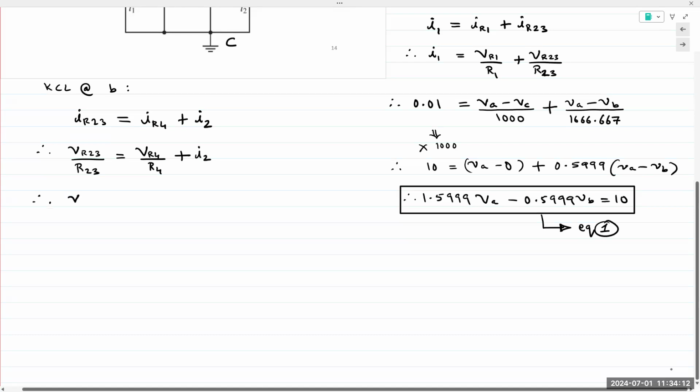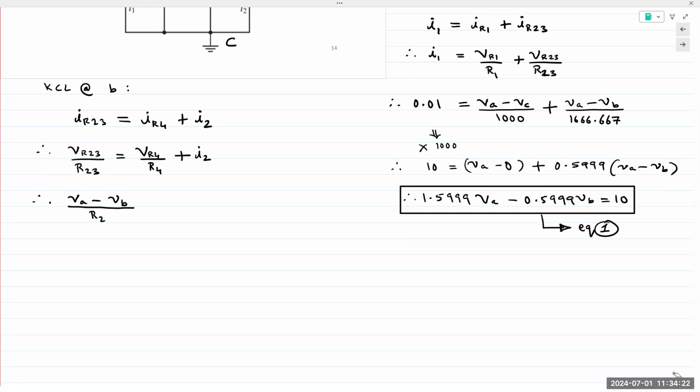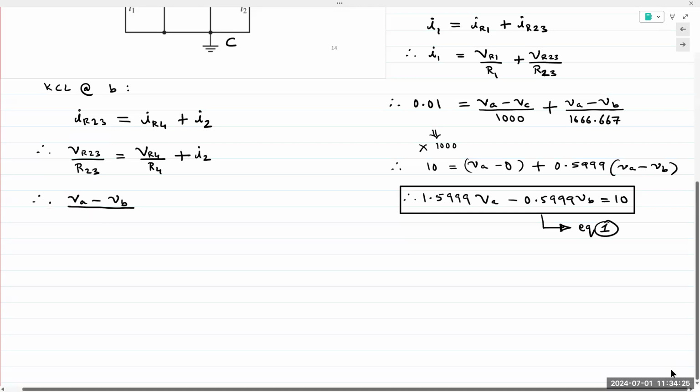VR23 is VA minus VB divided by R23, which is equal to VB minus VC divided by 2000 plus 0.05. That is my equation.